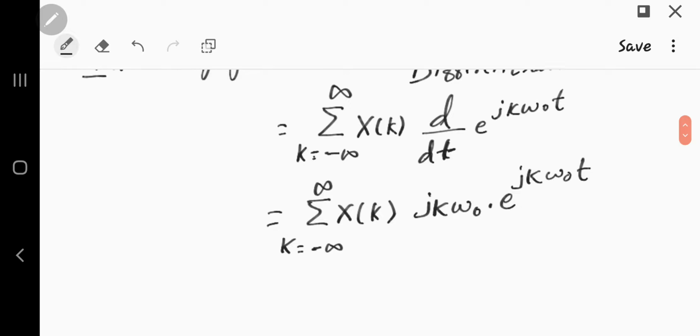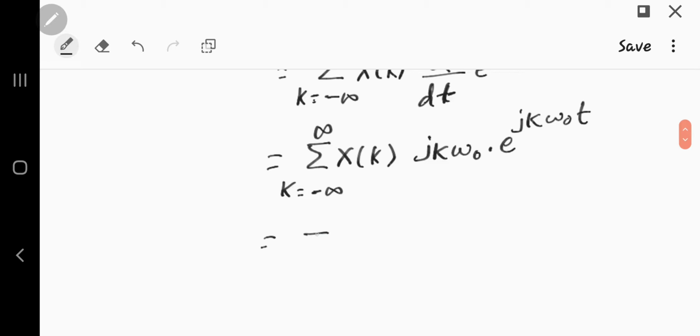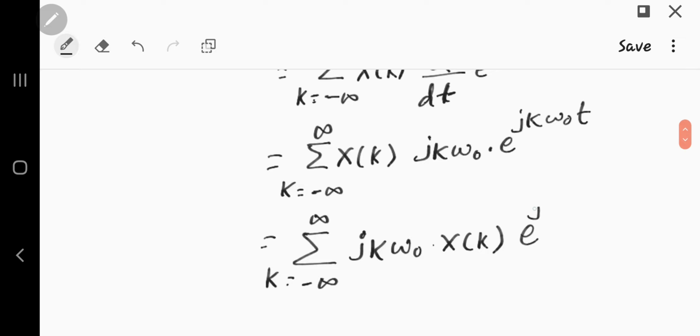Now, if you rearrange this, summation k is equal to minus infinity to plus infinity j k omega naught x of k e power j k omega naught t. So here we are differentiating x of t with respect to t.